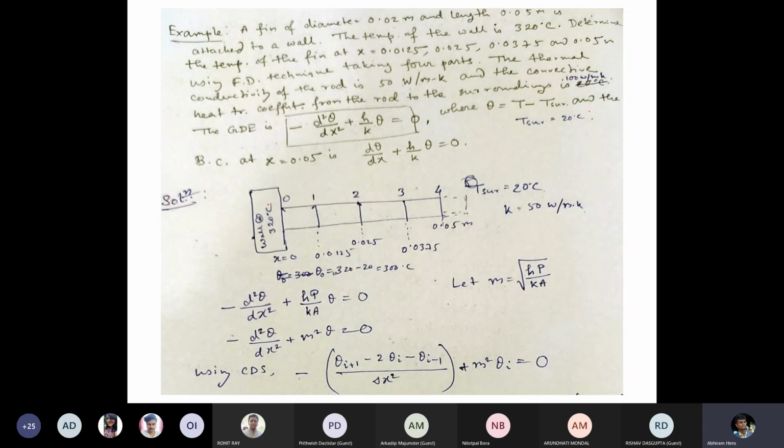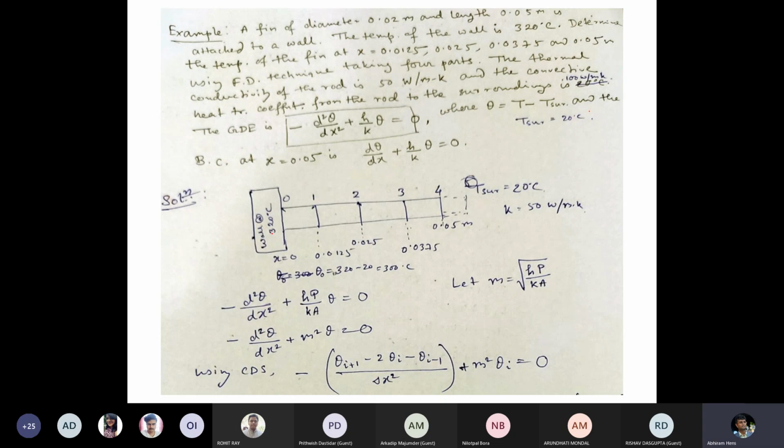So here is a heat transfer surface which is at 320 degree centigrade, which is the wall actually, and a fin is attached to it, and this fin length is 0.5 meter. The surrounding temperature is 20 degree centigrade, and here it is 320 degree centigrade.